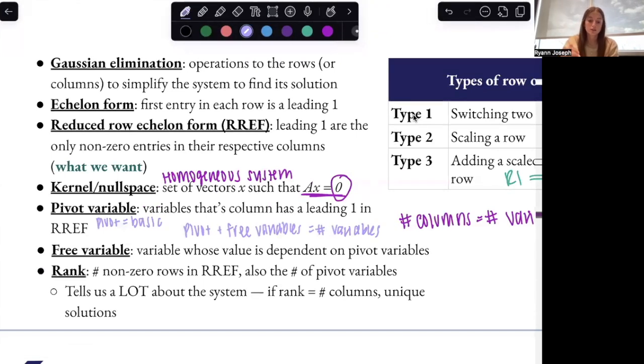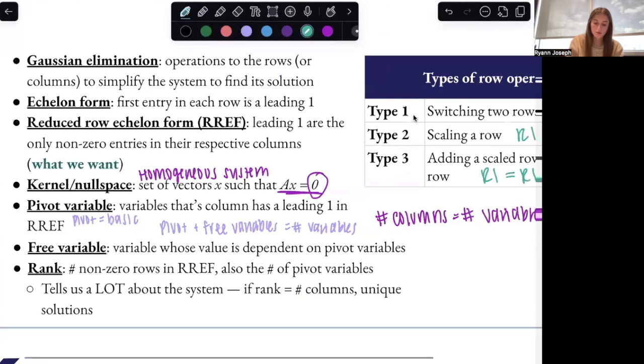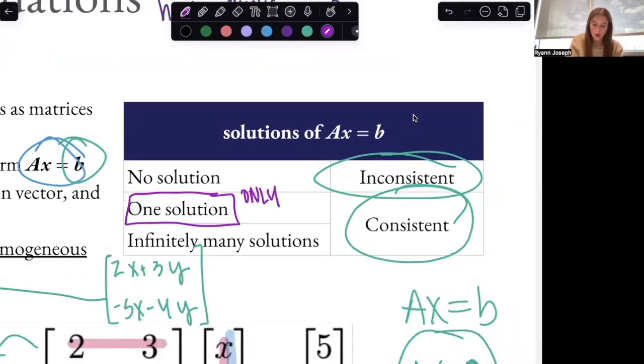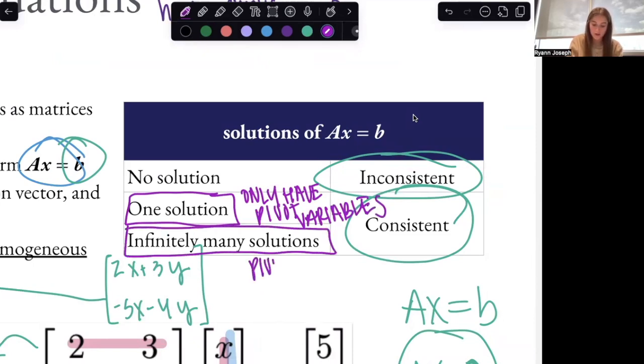If your system has one solution, you only have pivot variables. If you have infinitely many solutions, you have pivot and free variables.